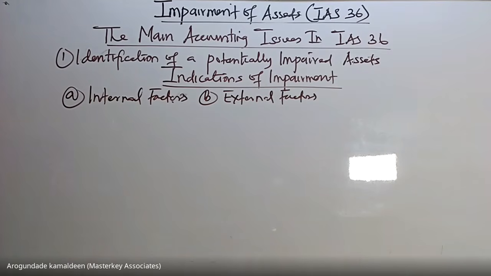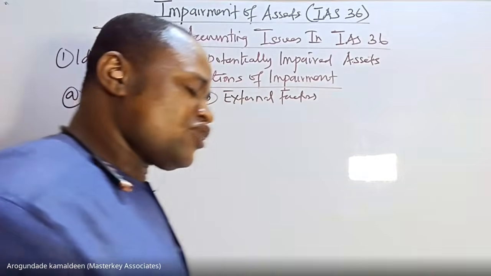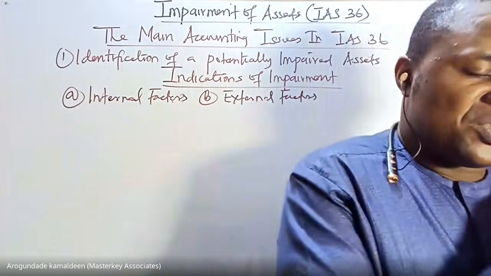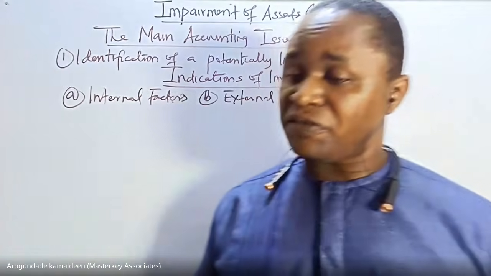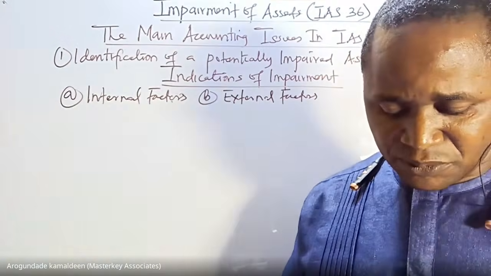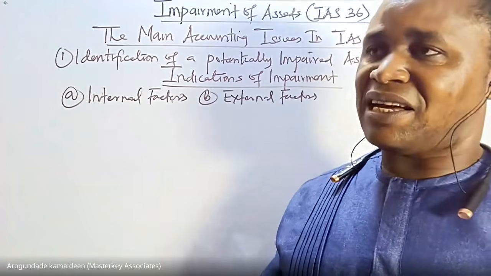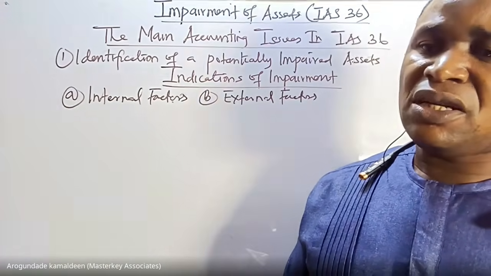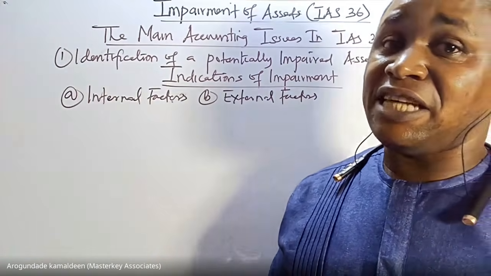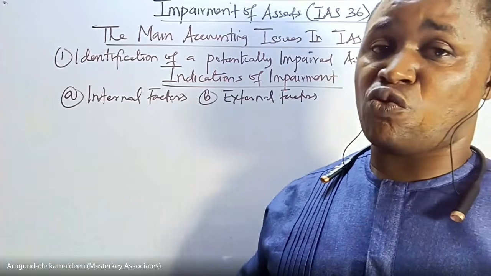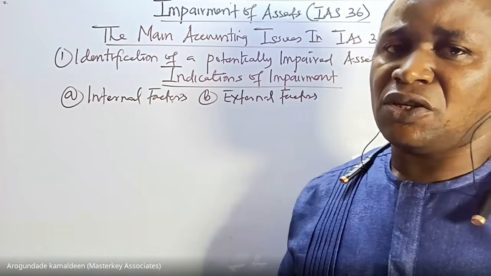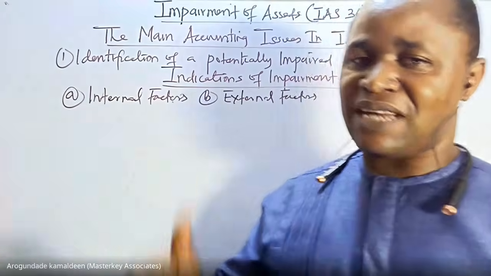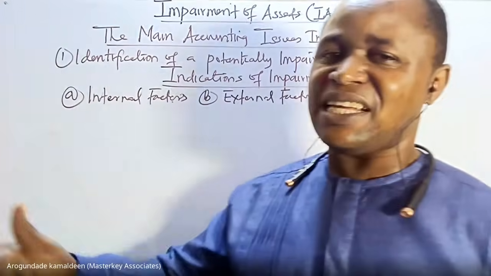The asset is being used beyond the normal pattern it should be used, which is going to affect the value of the asset. For instance, an asset that is meant to work for 12 hours in a day is being stressed to work for 20 hours. That machine is adversely being used.